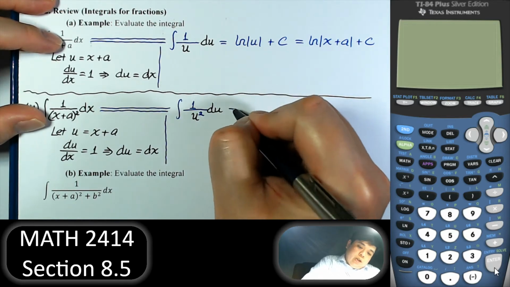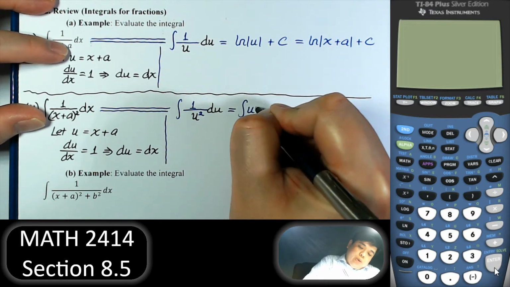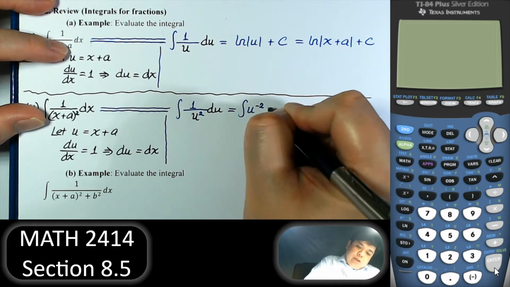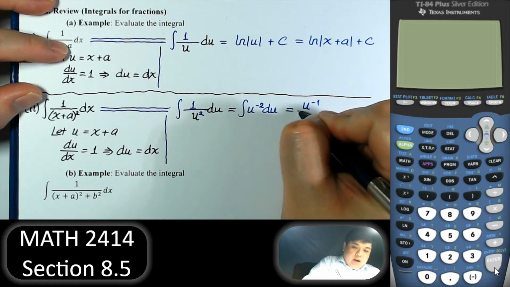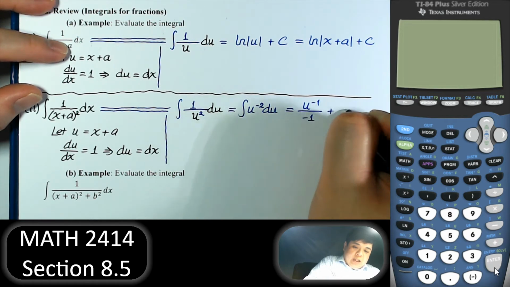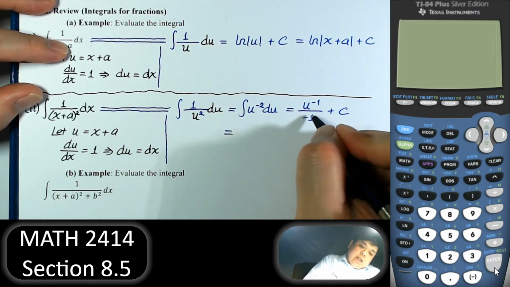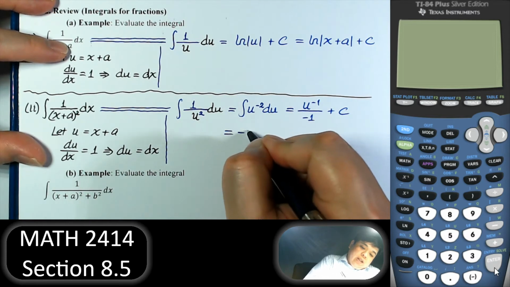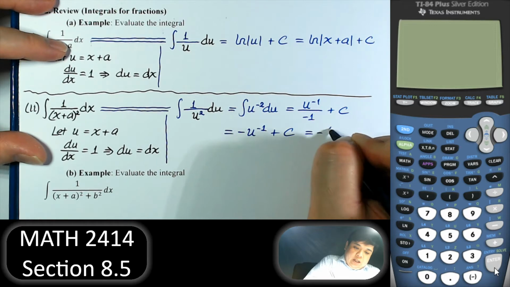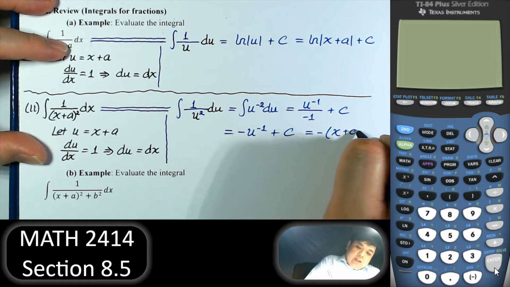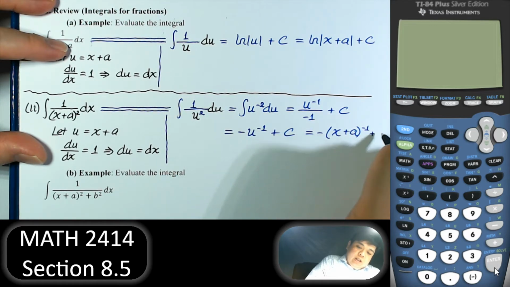So this equals u to the negative 2 du. The integral of that is u to the negative 1 over negative 1 plus c, which is negative u to the negative 1 plus c, and u is x plus a, so negative x plus a to the negative 1 plus c.